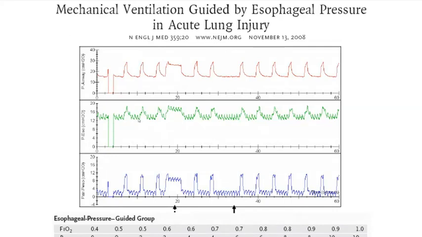You see the esophageal pressure tracing, and you see the end expiratory value is maybe around 14 centimeters of water. So they say there is 14 centimeters of water. Let's try to keep the PEEP level a little bit higher. Here it's 16 to make the difference slightly positive of plus 2 centimeters of water.